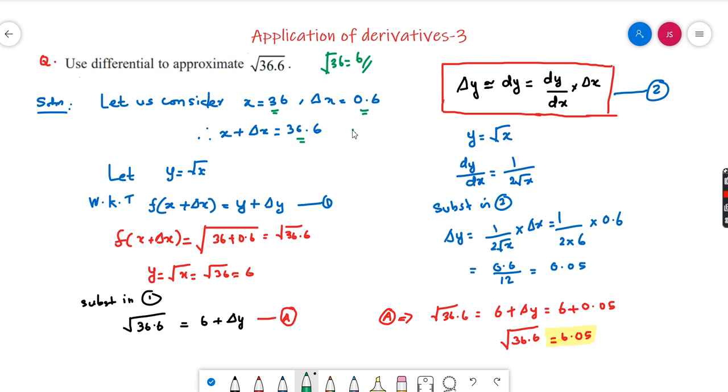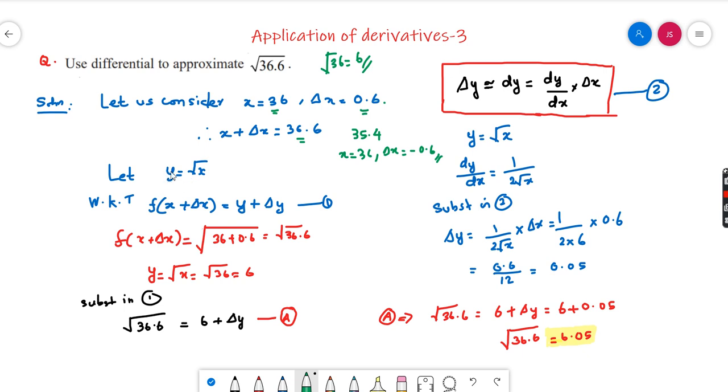Suppose your question is 35.4, you can take x as 36 and delta x as minus 0.6. So this way you can take. Since in our question it is 36.6, we are taking x as 36 and delta x as 0.6. When we add these two, we will get 36.6.